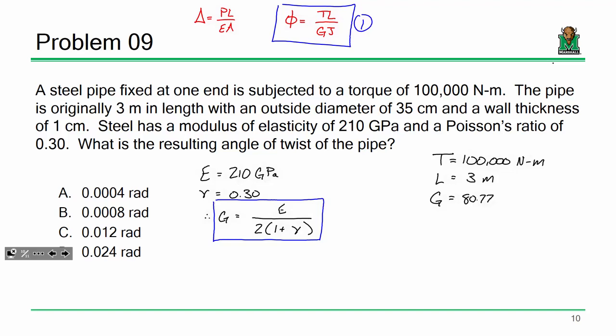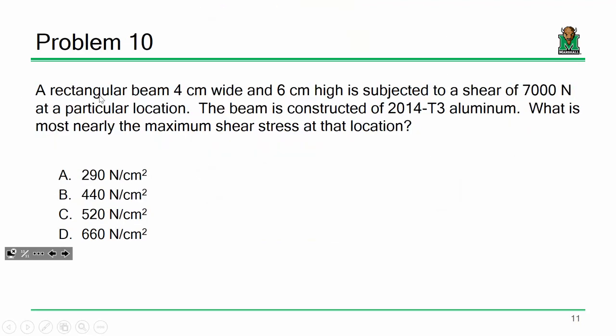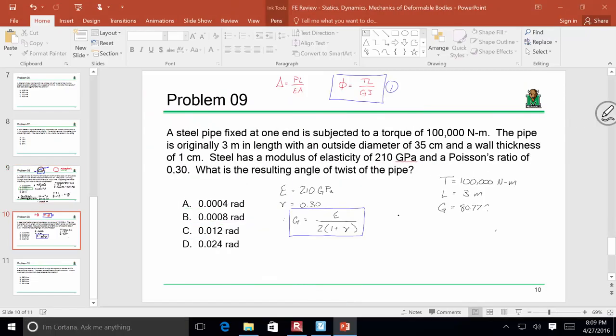That's 80.77. What is going on with my pen? It's cutting out on me. Oh, it's out of ink. No, I'm not kidding. I'm getting a little ticked off.